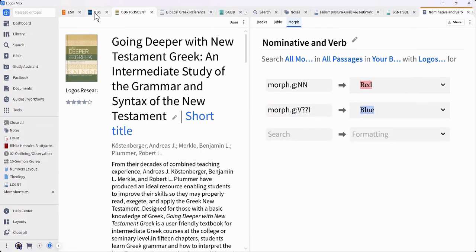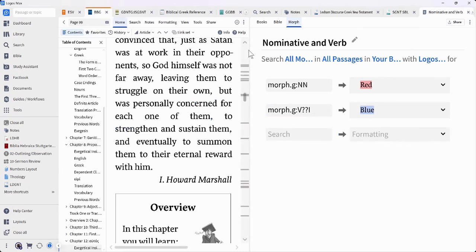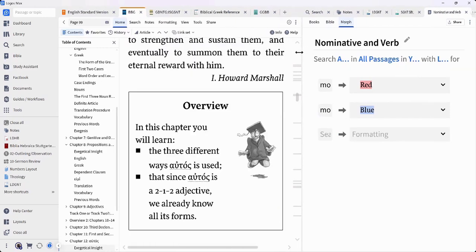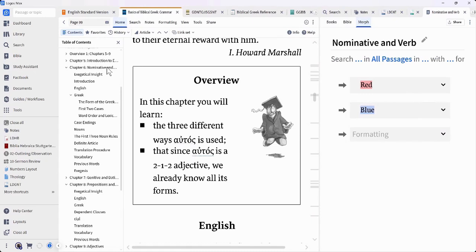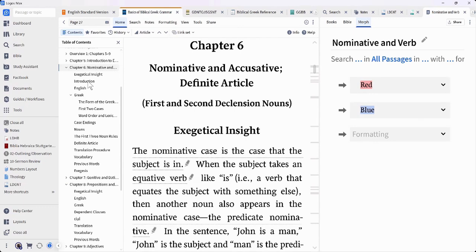I'm going to open up this grammar here because it's going to help us understand a little bit of the nominative case. If you go to Bill Mounce's book, in chapter 6, this is the second edition, or it may be the third, he's got a wonderful explanation of the nominative case.